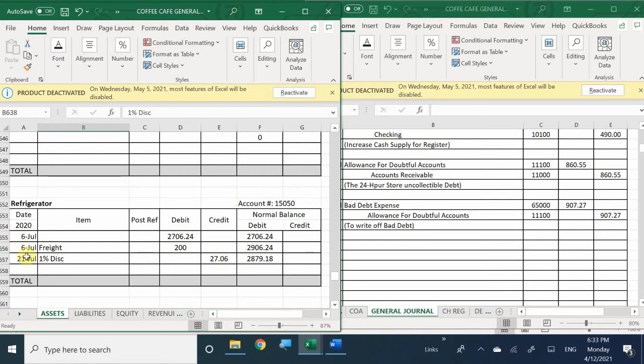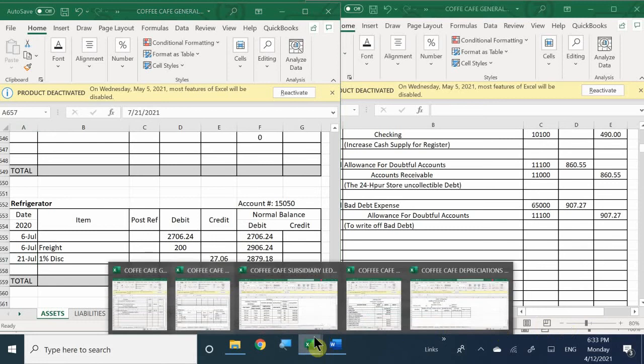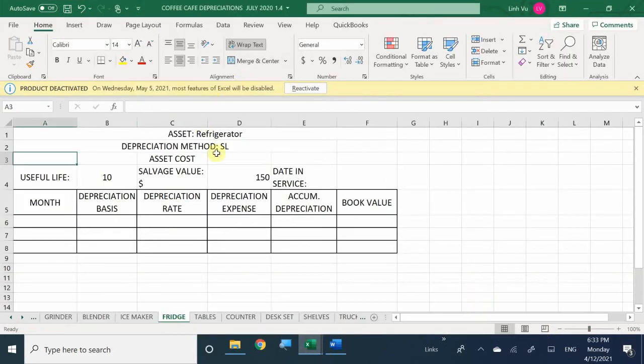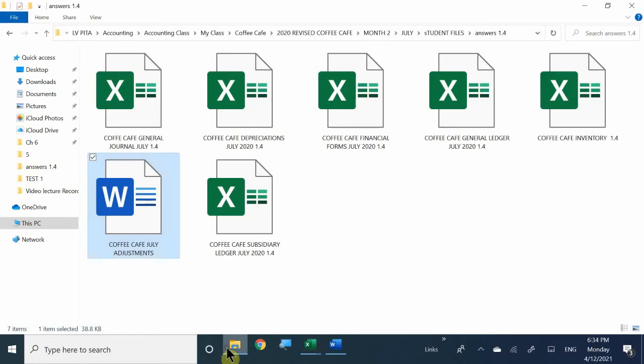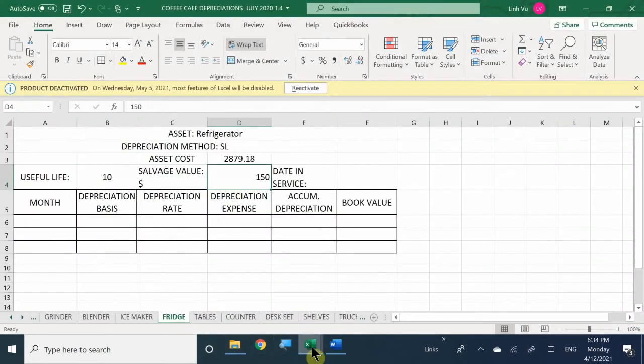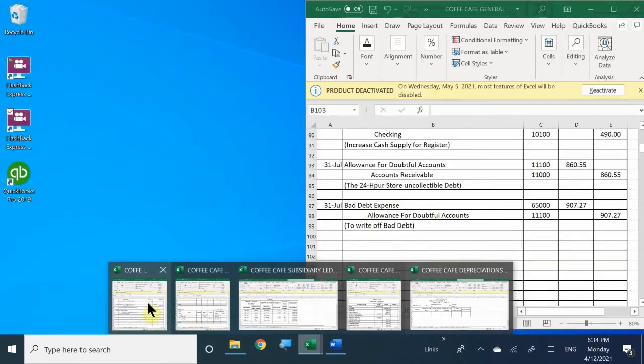We got the freight included and we paid on time, so we got a discount for this amount. So my amount is $2879.18. Okay. So I'm going to go ahead and go here, depreciation table. Once again, $2879.18. Okay, I'm going to double confirm that.